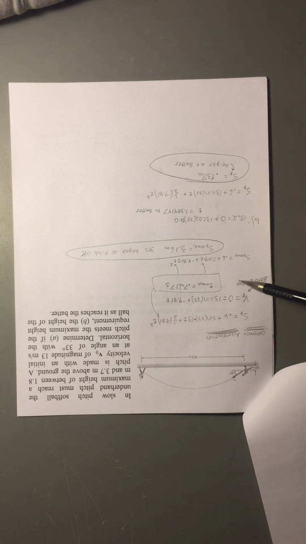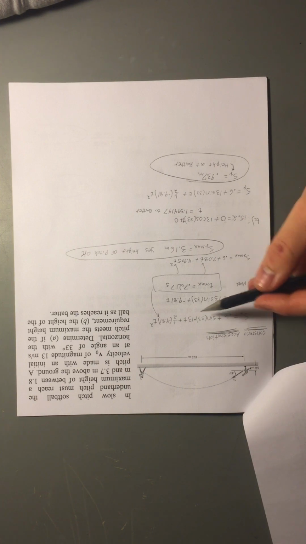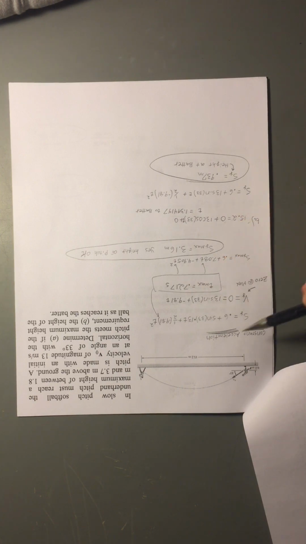And then in the rest of the equation here, we can get the component of our velocity in the y direction by taking the sine of the angle given. And then we can plug in our acceleration due to gravity, which is negative 9.81, and we can solve this to get the time that max occurred at.